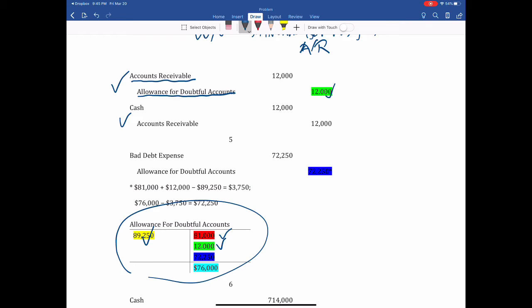All the transactions impact the allowance for doubtful accounts before number 5. We learned the ending balance is 76,000, so we can calculate the adjustment is 72,250. Okay, so we are going to debit bad debt expense and credit allowance for doubtful accounts. After this journal entry, the ending balance of allowance for doubtful accounts will be 76,000.